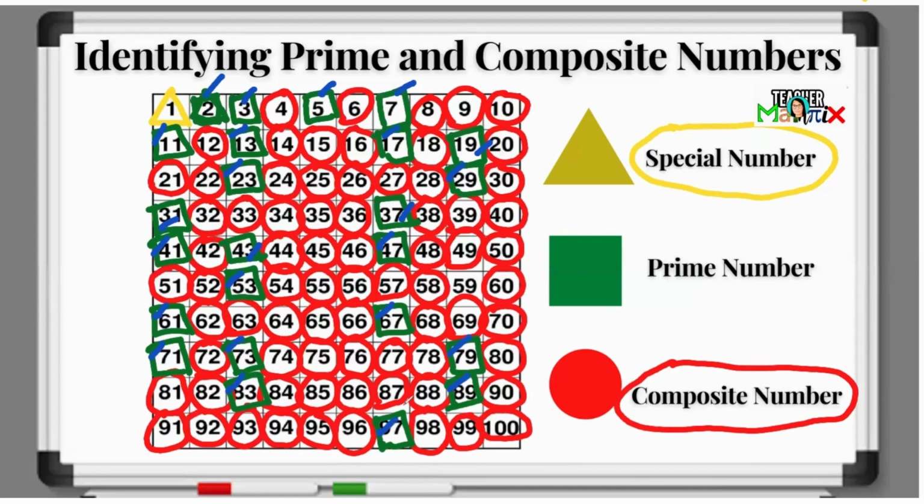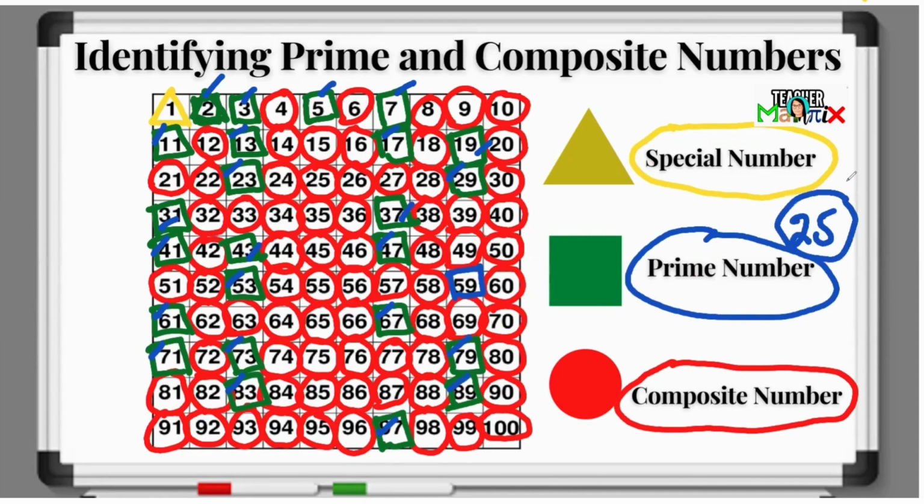Did I miss something? Here. This is a prime number, and that is the 25th prime number. So meaning there are 25 prime numbers from 1 to 100. Thank you so much. I hope you understand.